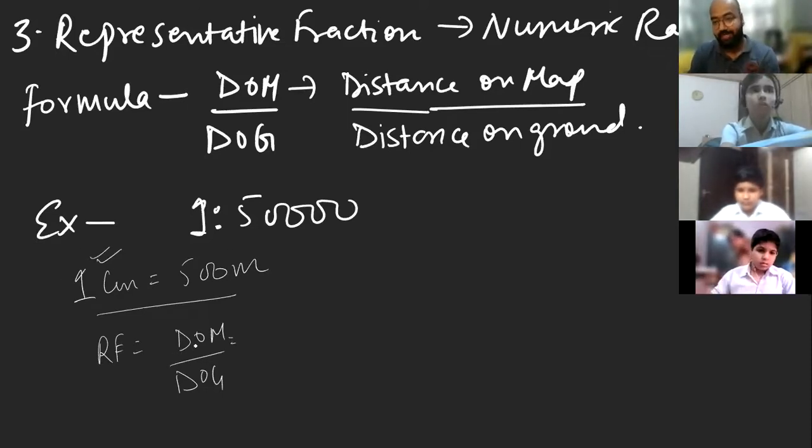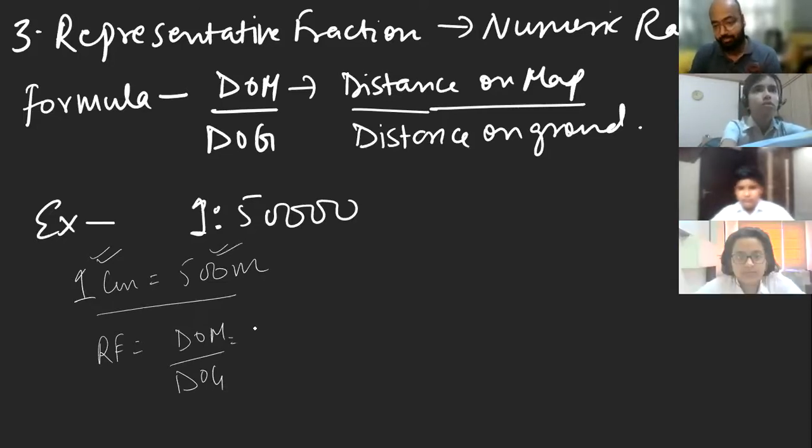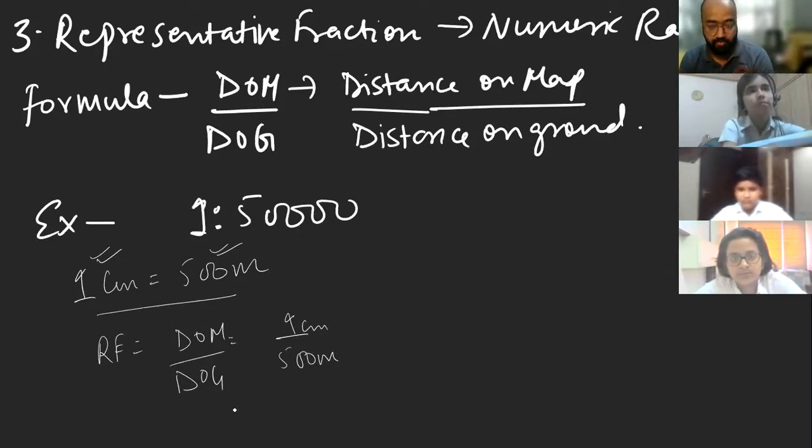On the left hand side is always the distance on map, and on the right hand side is the distance on ground. The distance on map is 1 centimeter, and on ground it is 500 meters. Whenever we take out the ratio, the units of the denominator as well as the numerator should be the same. Same, it should be same.